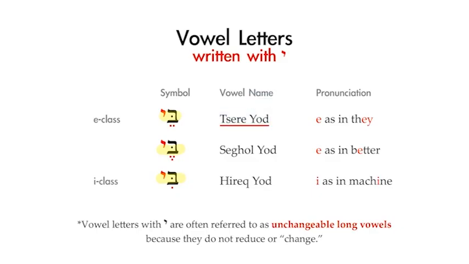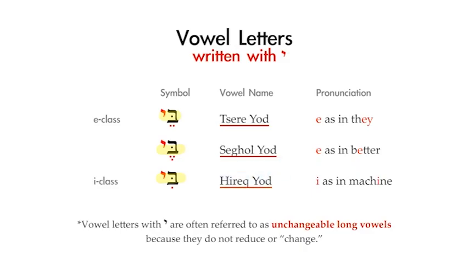The sere yod is a combination of sere and yod, and is pronounced like the sere, like the E in they. The segol yod is a combination of segol and yod, as the name suggests, and is pronounced like the E in better.